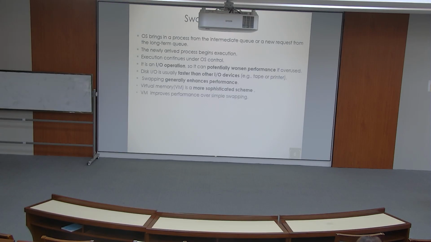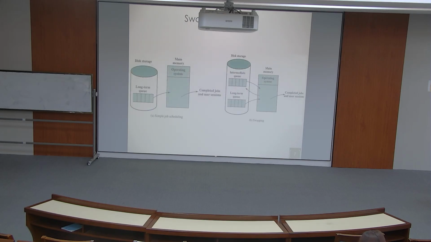Now, we talked about the swapping, which moved out the processes from the random access memory to the disk, especially in the intermediate queue, and bring new processes from the disk or from the intermediate queue to the random access memory, because most of the processes in the random access memory are not in ready state, which has a big impact on the computer system, because it's going to have more processes which are in ready state to minimize the long waiting time for the central processing unit.